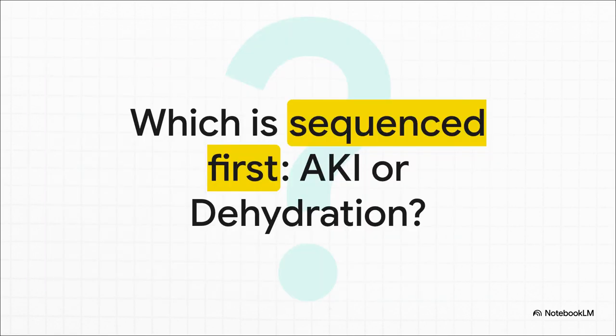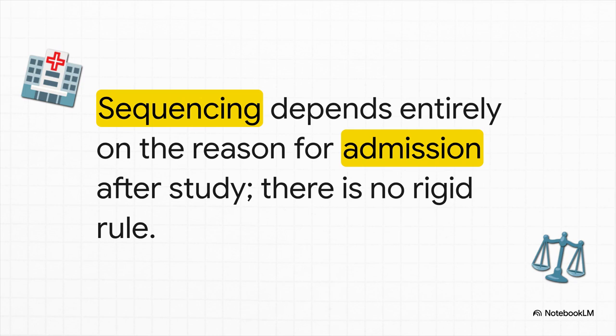So as an inpatient coder, you're constantly facing these complex scenarios where a patient comes in with multiple acute issues at once. You might be wondering, how do we sequence AKI when the patient is also admitted with severe dehydration? Like, which one gets that coveted principal diagnosis spot? Well, the reality is, there's no rigid rule saying AKI must always be principal.